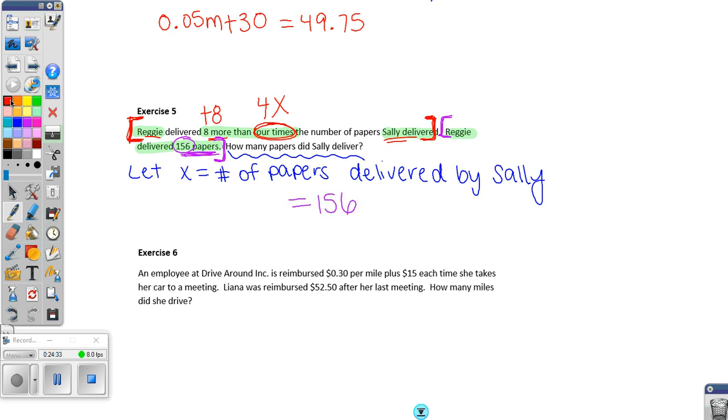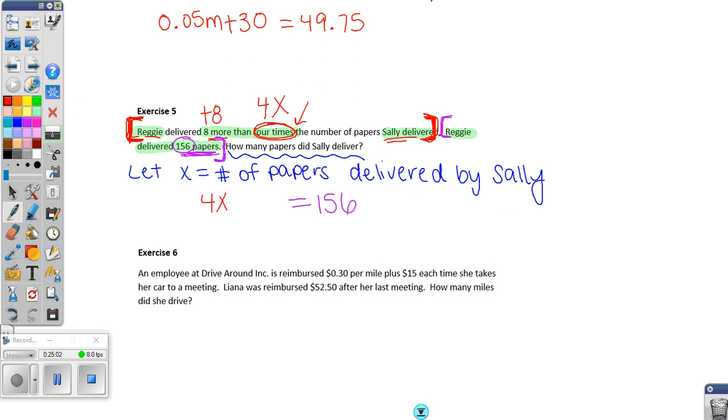The description in the red sentence, this first sentence, is also describing Reggie, the number of papers that Reggie passed out. We already figured out that 4 times the number of papers that Sally delivered means we are multiplying 4 times x, where x represents the number of papers Sally delivered. But Reggie delivered even more than that.